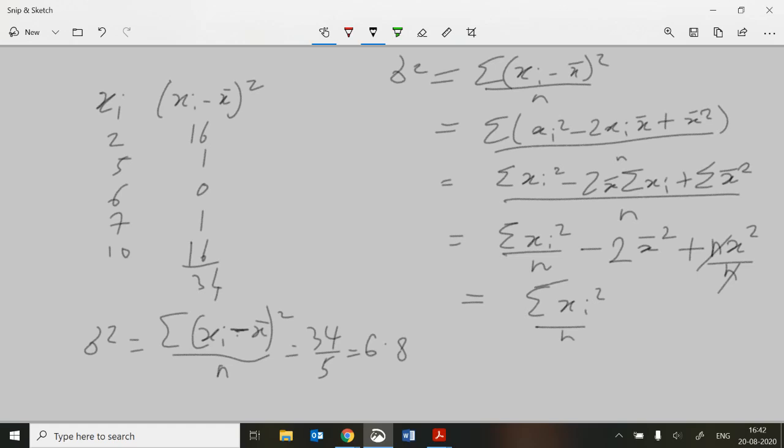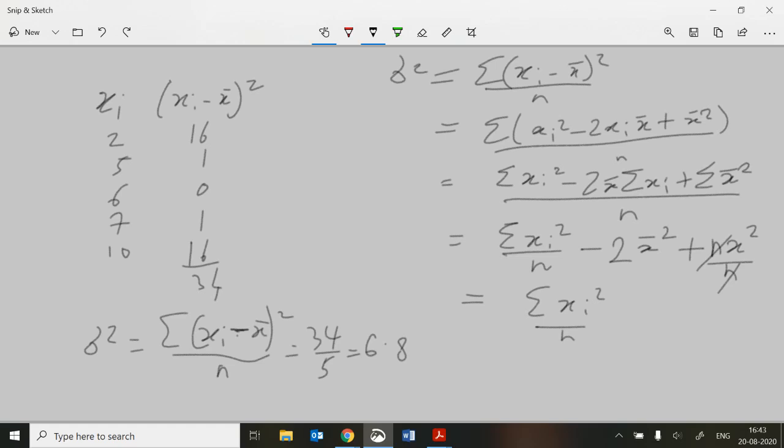Now you can see I'm getting this other formula out, getting sigma xi squared over n. So that's the sum of my values squared, my data points squared, but the average of that. So the average of my values squared, yeah, that makes sense.